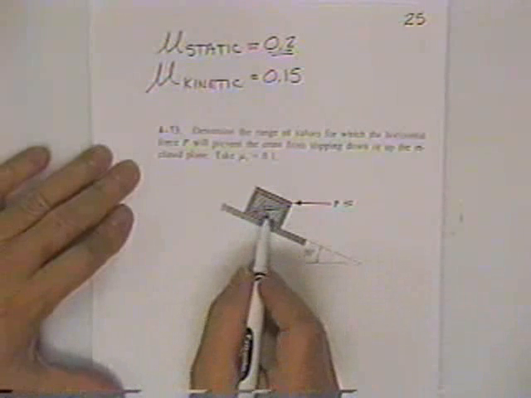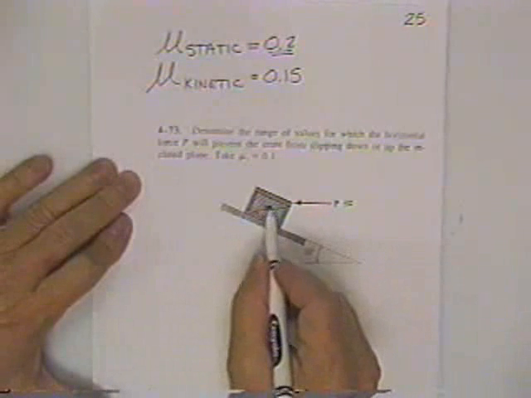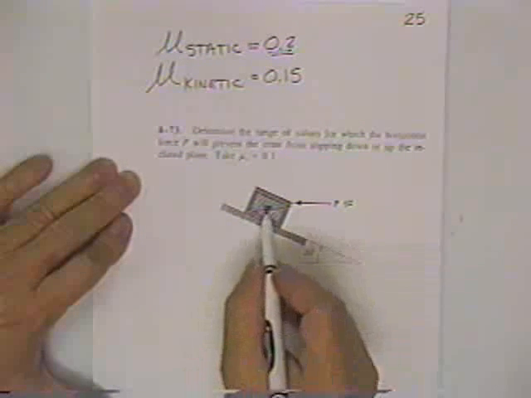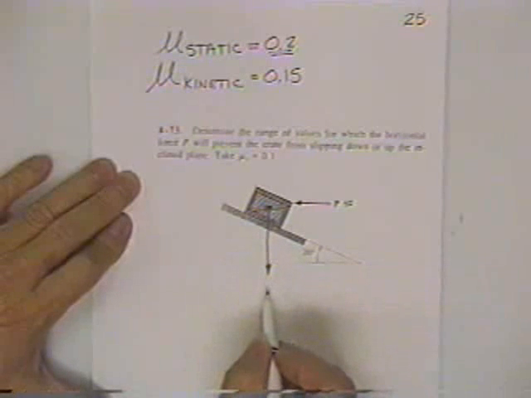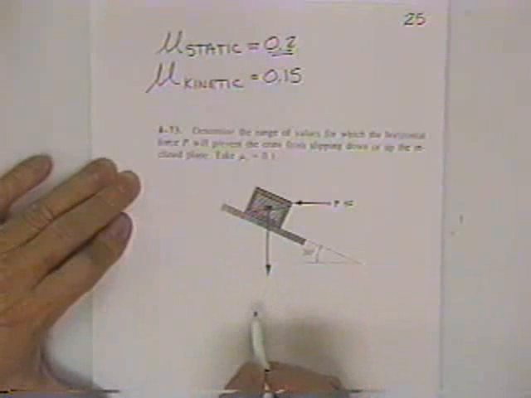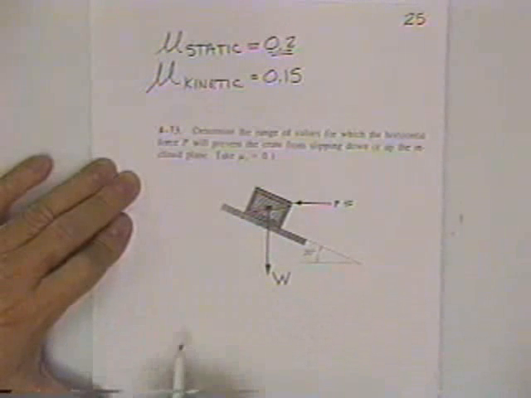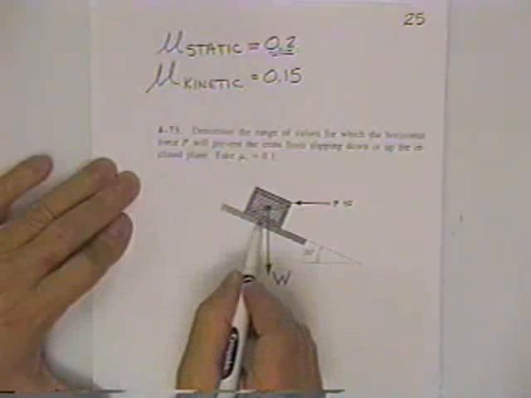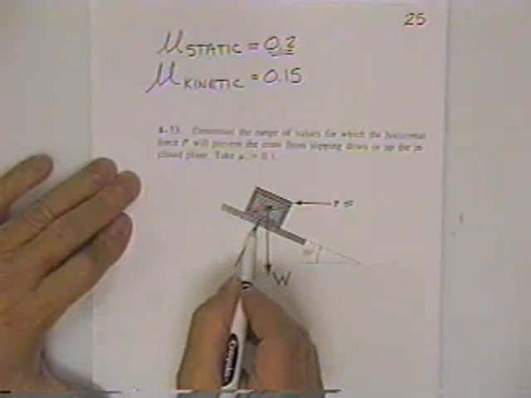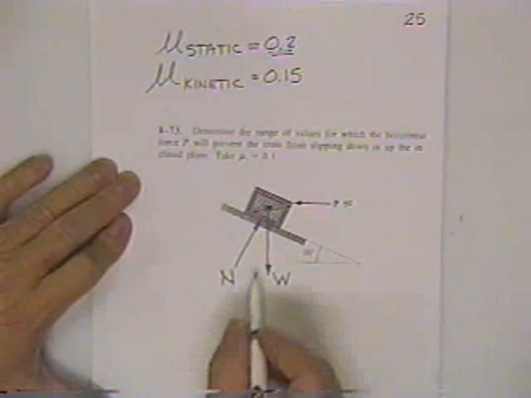Now, these problems require that you draw a free body. Here's a free body of this crate. Gravity is pulling straight down on it. This particular problem doesn't tell us the weight, so we would just call it W. Because the crate is sitting on the plane, there will be a resisting force, usually called the normal force.